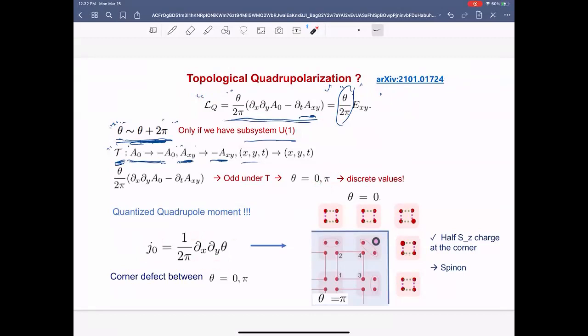If we plot a spatial configuration where in this corner theta is pi, and outside that it's the vacuum or any trivial Mott insulator, then partial x partial theta has a delta function at this corner. This linear response, which came from the topological quadrupolarization, tells us that once we have a corner, we will have a half charge, half S_z charge, which exactly corresponds to a spinon degree of freedom, or a free spin 1/2 localized at a corner.